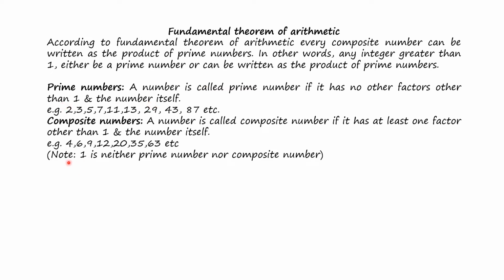But 1 has only one factor, 1. No other number can be taken as a factor of 1. It is because of this reason that 1 is neither a prime nor a composite number.